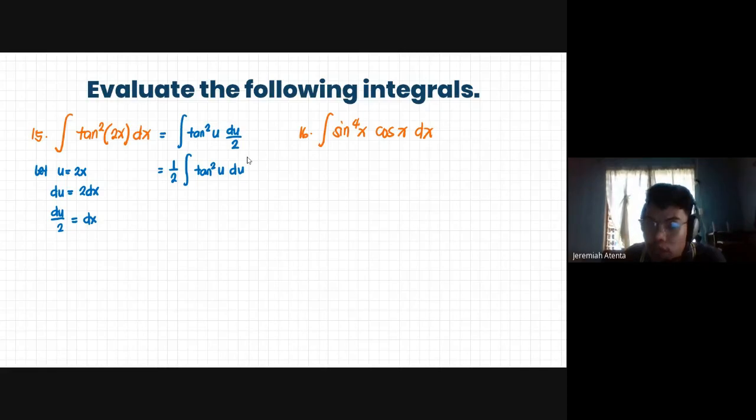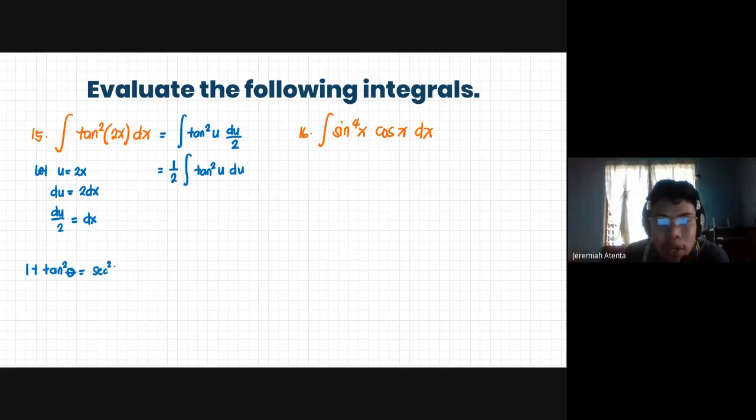Okay, but tangent squared u can be expressed into something else. Take note if you can still recall the Pythagorean identity for this one. We have 1 plus tangent squared theta is equal to secant squared theta. Tama? So it will follow that tangent squared theta is equal to secant squared theta minus 1.